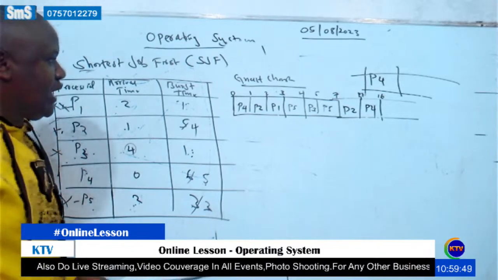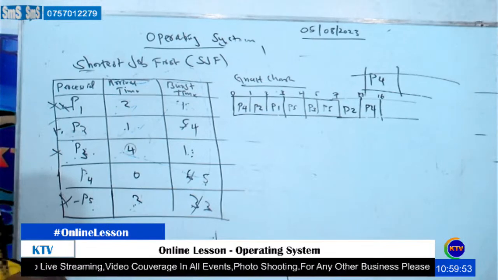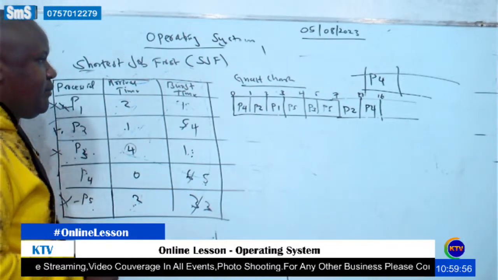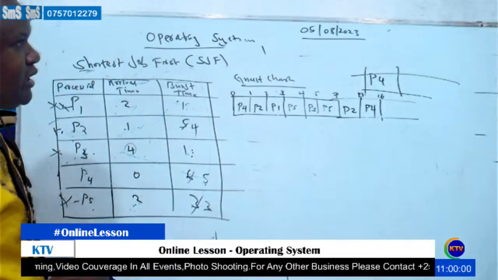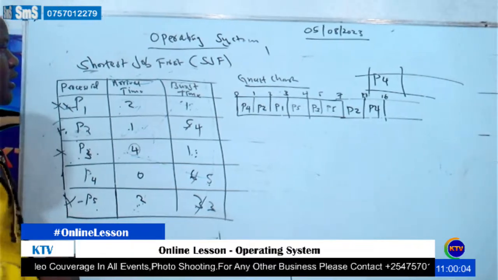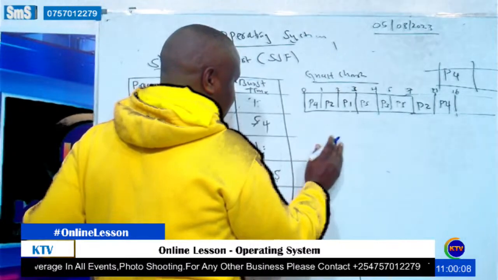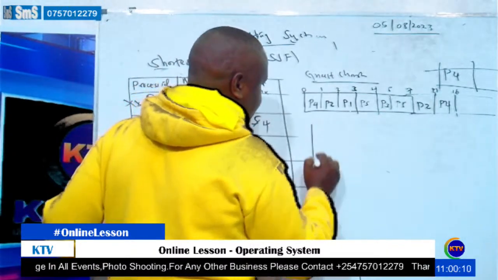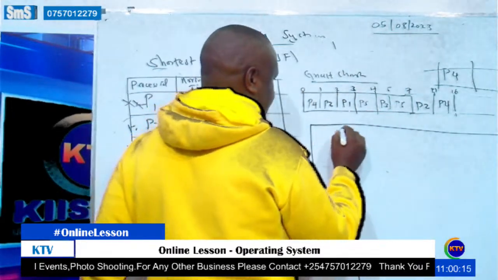We are supposed now to calculate the average waiting time for the processes. So before that, we'll have to have another table.